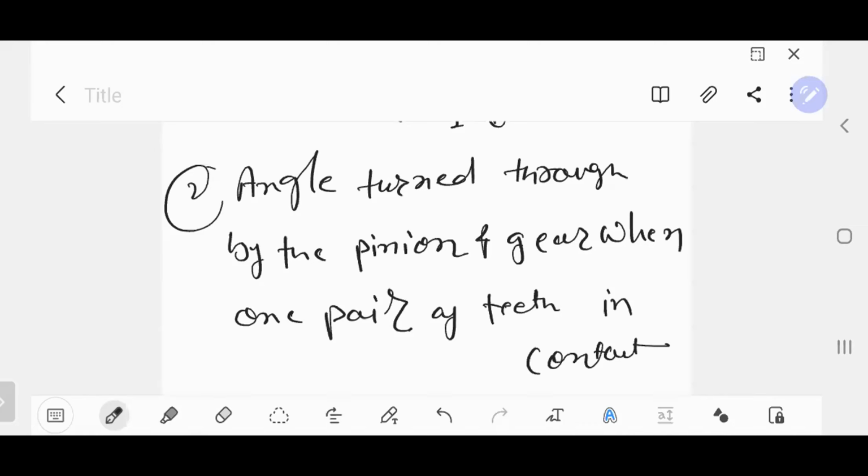Length of arc of contact, then multiplied by 360 divided by, yes, 2 pi r, that is the circumference.